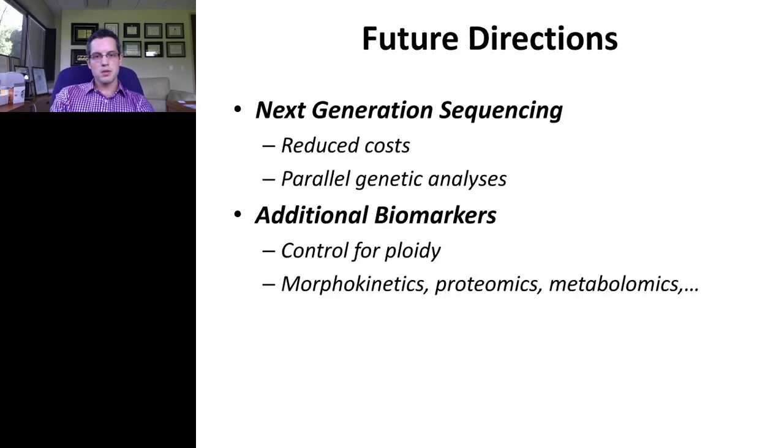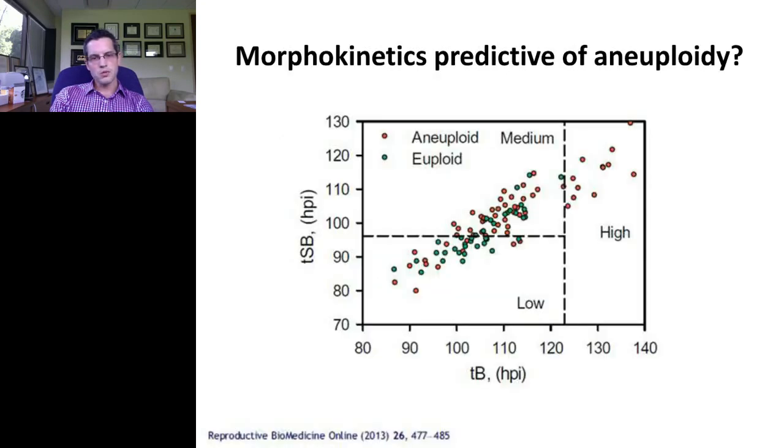And there are many ongoing technologies such as time-lapse photography or morphokinetics, proteomics, and metabolomics. There was recently some press around time-lapse imaging of embryos and the potential use of those videos to predict whether or not embryos are chromosomally normal. Unfortunately, it's really not that predictive. Embryos that were predicted to have low levels of aneuploidy still had 36% aneuploidy.